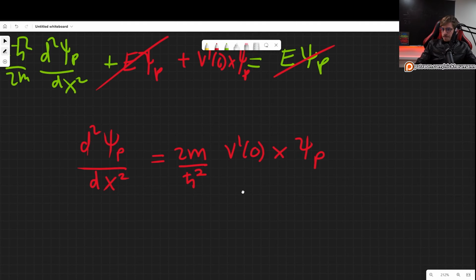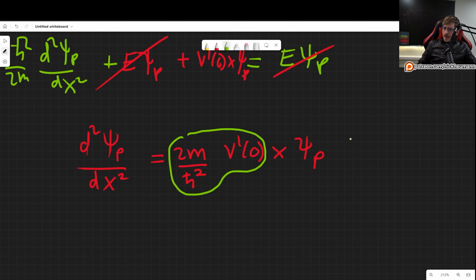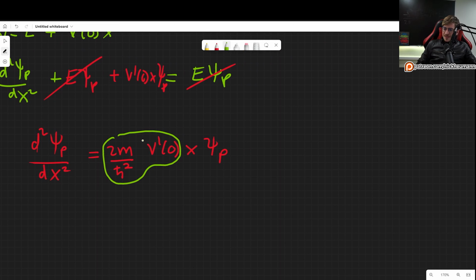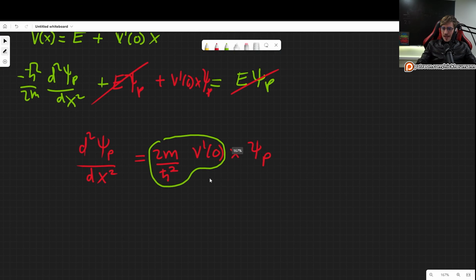So now we have something quite similar to what we had before. We have this thing right here, and we can now call it alpha, but there is a slight issue with the notation that we had before. What I would like to do right here is say, okay, keep in mind that this potential is negative. So what we can do is write this as the absolute value of the potential and put a minus sign in front.